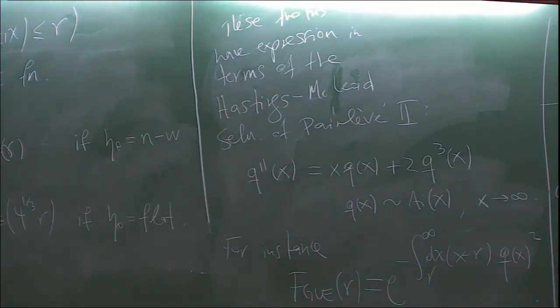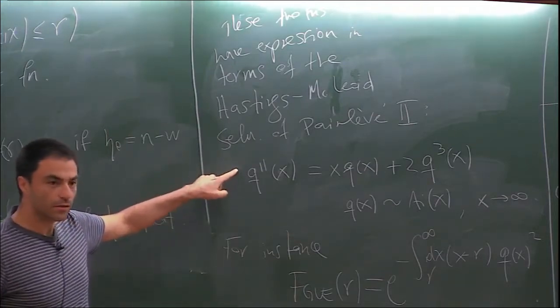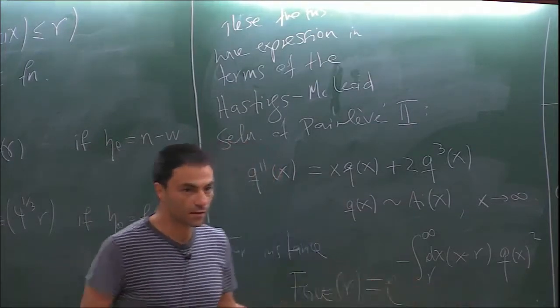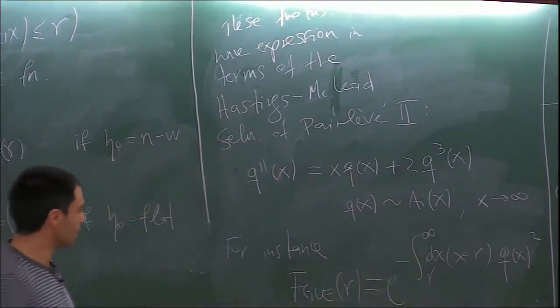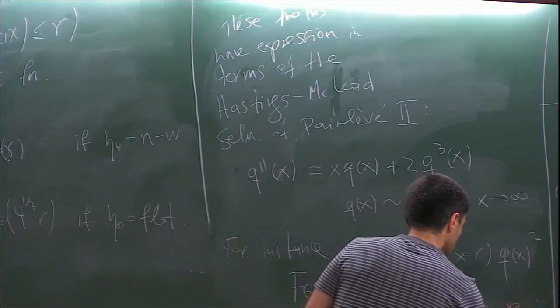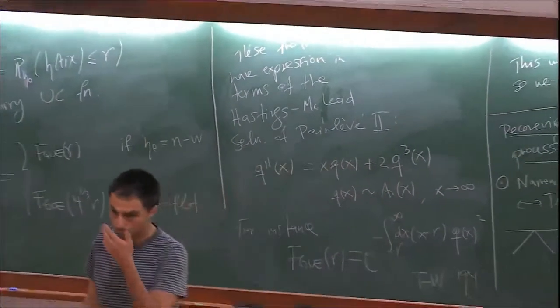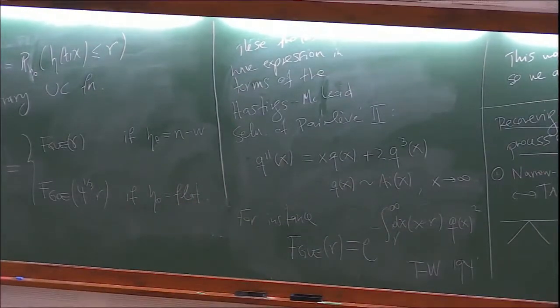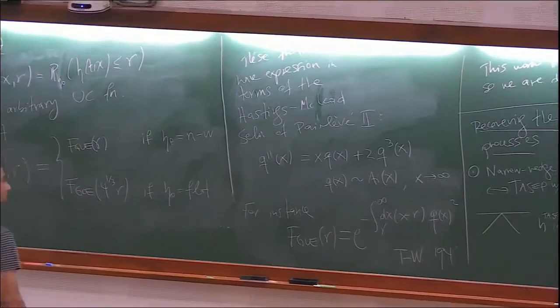So you take this famous equation, you solve it with this boundary condition, you put it in here, and out pops the GUE distribution. This is Tracy and Widom '94. And there's a similar formula, again in terms of Q, for the GOE case.